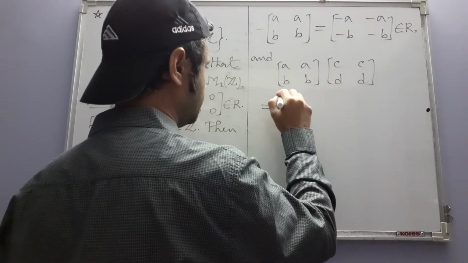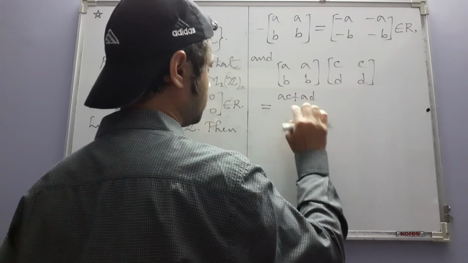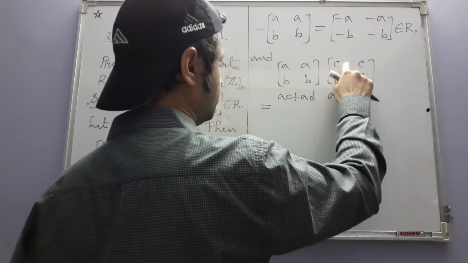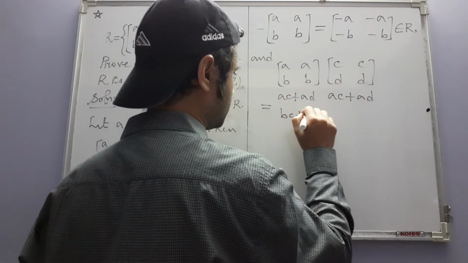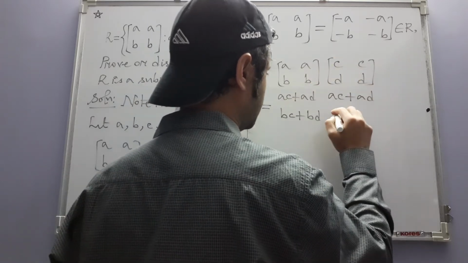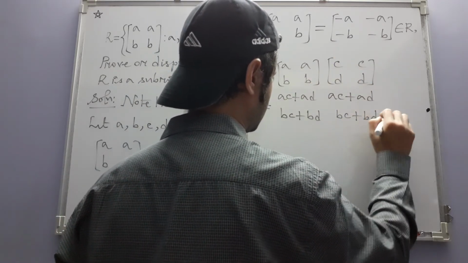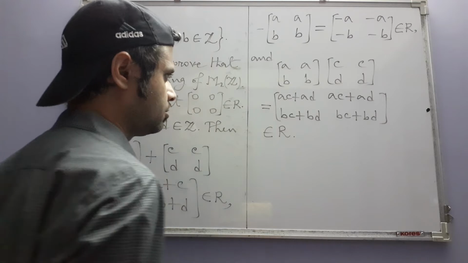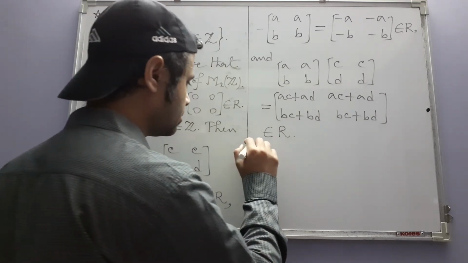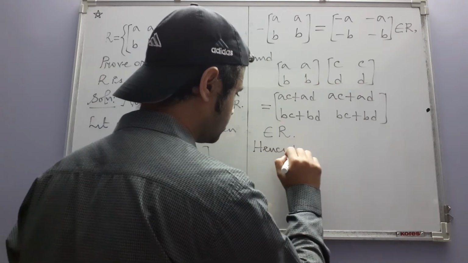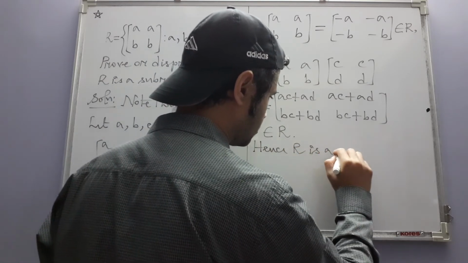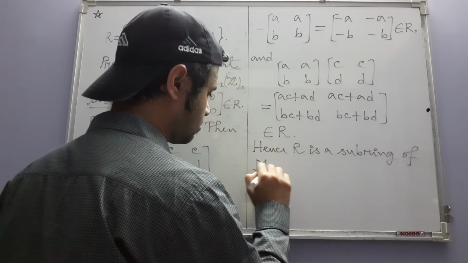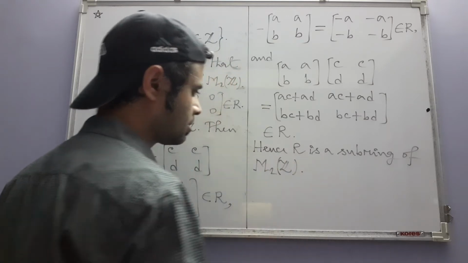AC plus AD. Again AC plus AD. BC plus BD and BC plus BD. So this has the required form to be in R, so it is in R. Hence, here also R is a subring of this.